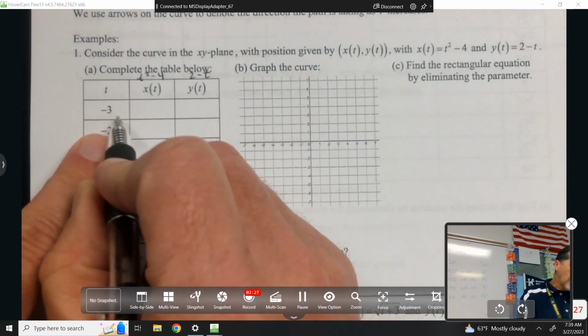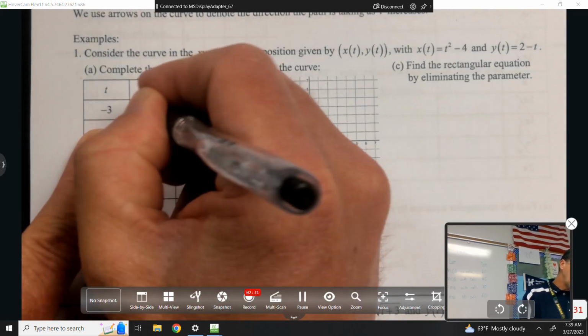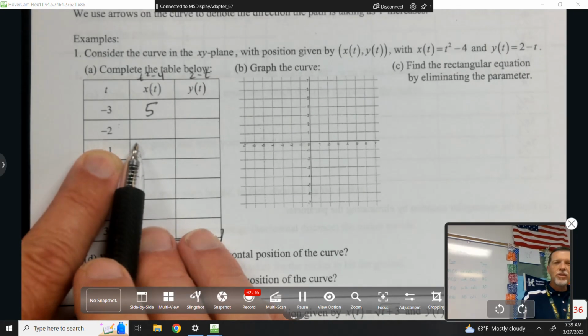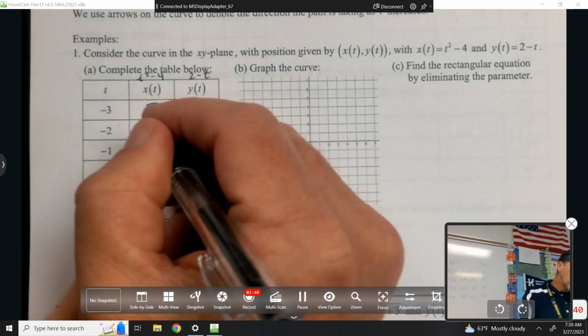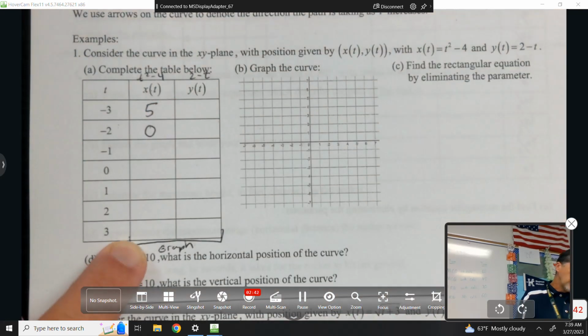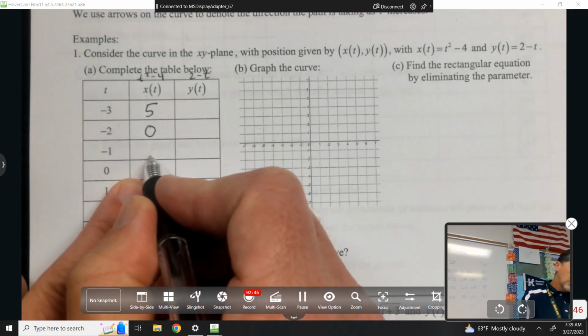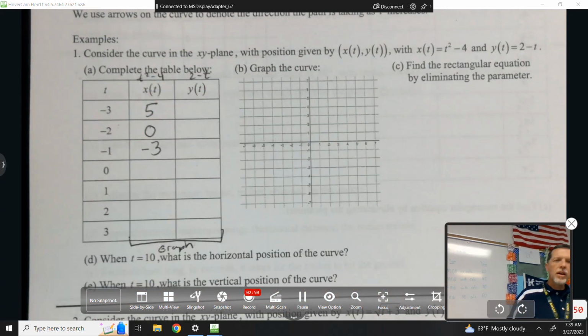So if I plug in negative 3 for t, square it, I get 9. 9 minus 4 is 5. If I plug in negative 2 to t, negative 2 squared is 4. 4 minus 4 is 0. If I plug in negative 1, 1 squared minus 4 is negative 3.